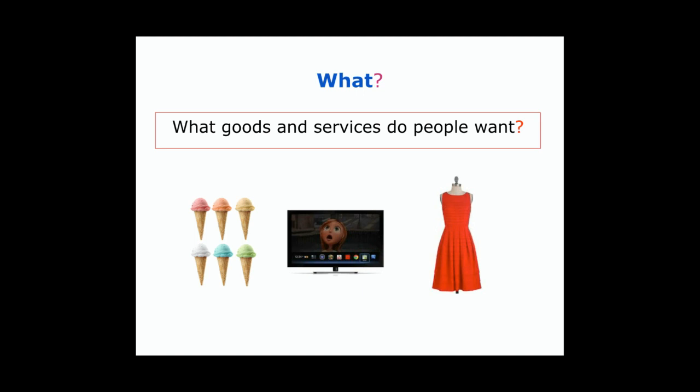What goods and services that people value? And ultimately, that choice, what gets made, is made by consumers through the market process. We have this notion of consumer sovereignty, where in the end, what the consumers want is what producers and suppliers will build, and so consumers are the ones who choose what gets produced.